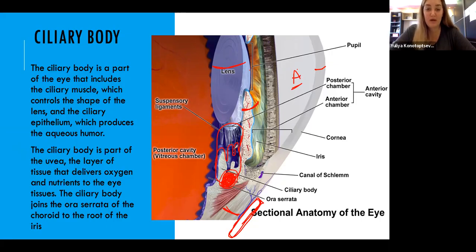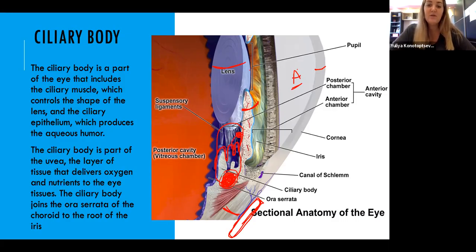To secrete it where? Into the cavity right here behind the iris, which is the posterior chamber. So I repeat, the ciliary body consists of two things: ciliary muscle and ciliary processes. Ciliary processes are these epithelial protrusions, responsible for secretion of aqueous humor into the posterior chamber right here.